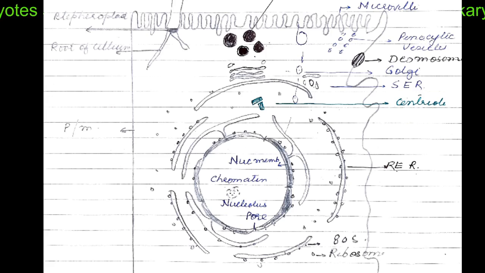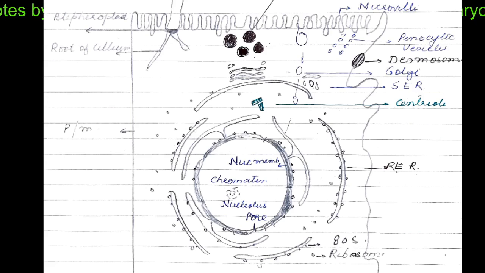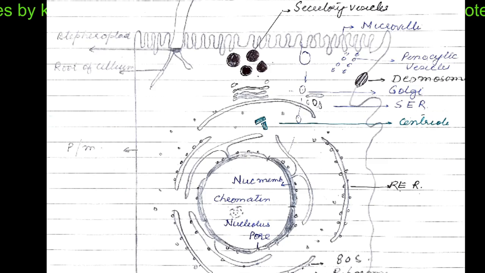These are called rough endoplasmic reticulum. They actually are the seat of protein synthesis and processing of the proteins produced therein. After the endoplasmic reticulum, we have Golgi bodies, which are meant for secretion and processing of the protein produced.